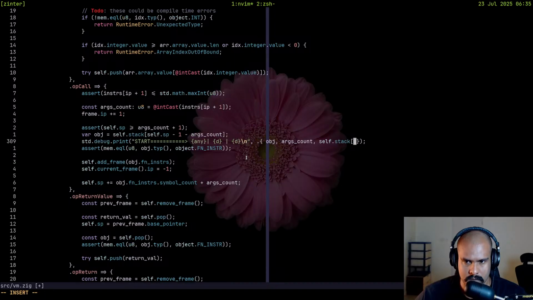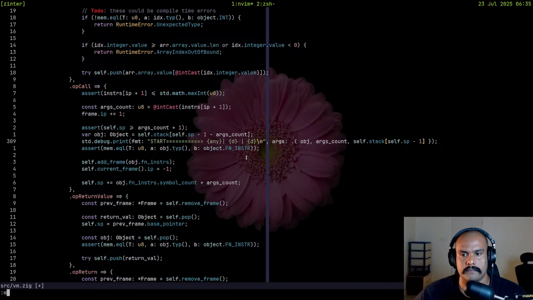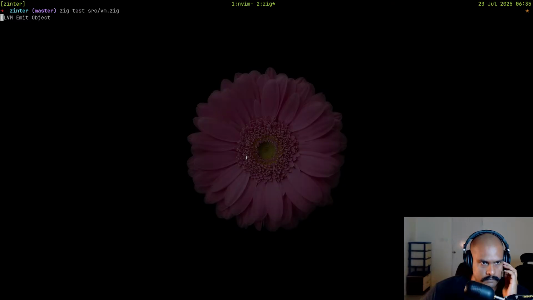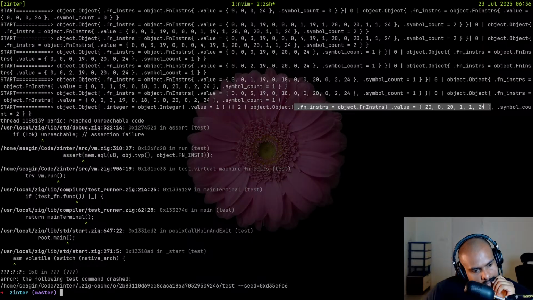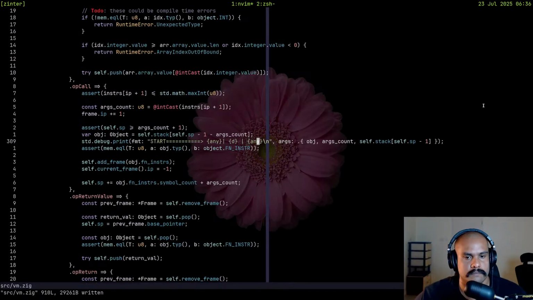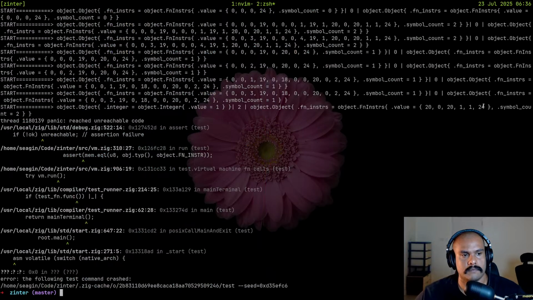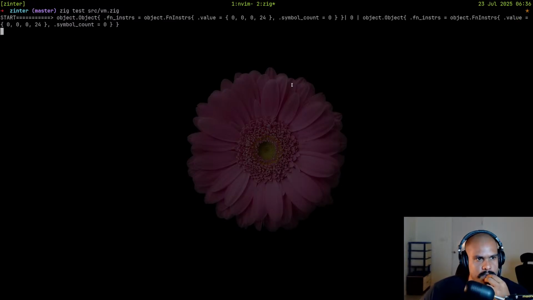Dot stack of self.sp minus 1. Yeah, which is the function instruction. Which is obviously wrong.